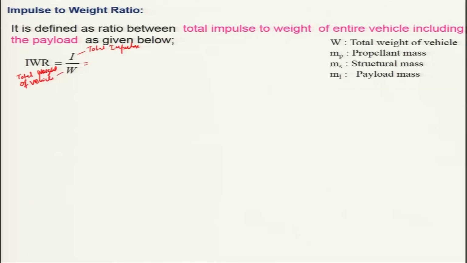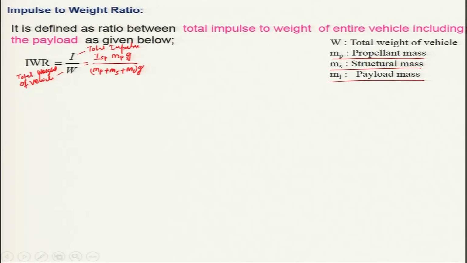So, I can write this in terms of Isp into the mass of the propellant into g0, or g simply, because I am using g basically. And this is weight: if you consider, this is MP plus MS plus ML. Keep in mind that MP is the propellant mass, MS is the structural mass, and ML is the payload mass, into the g. So, this g cancels out.